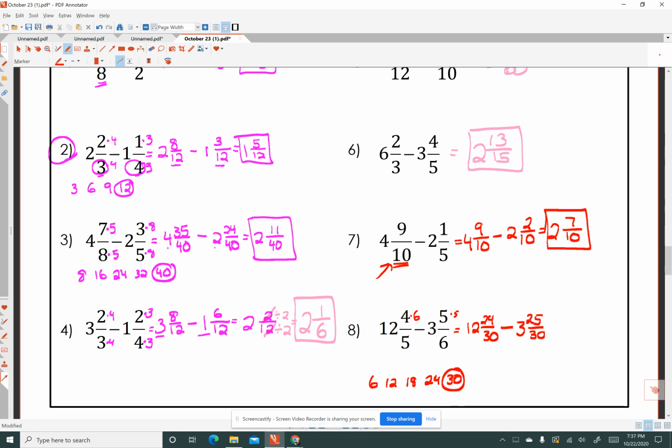This is one of those problems where we will need to borrow from this 12. So to borrow, we're going to borrow one group of 30 over 30. So now the 12 will borrow 1, it will become an 11. And now we're going to add 30 over 30 to this 24 over 30, which will give us 54 30ths.